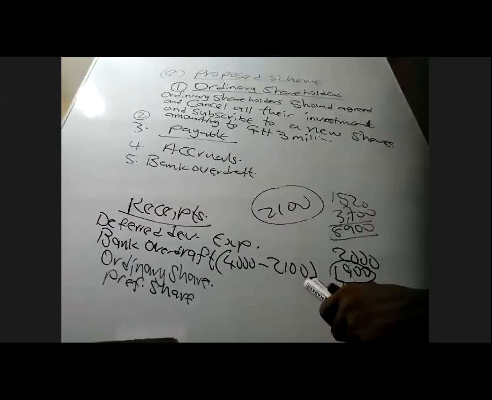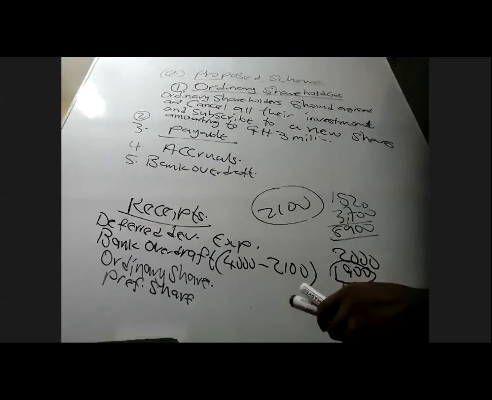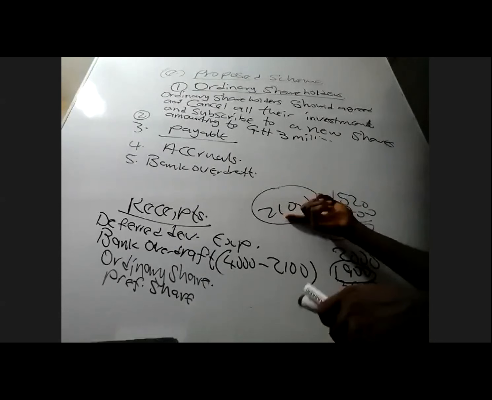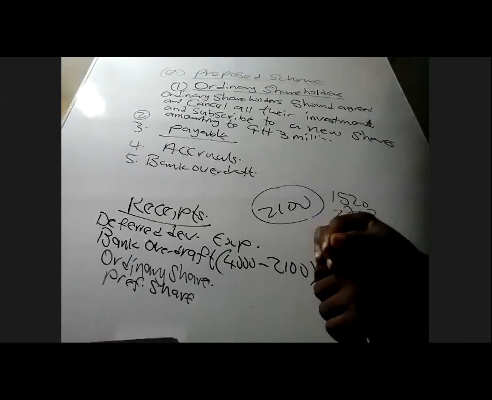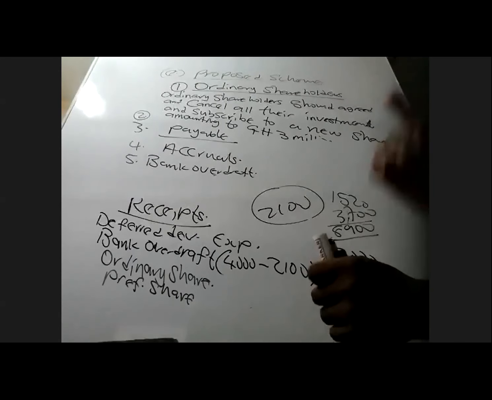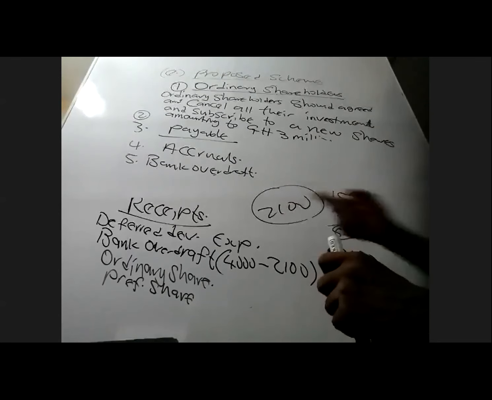The bank overdraft. Now, in our working capital requirement, we show a current liability of 2,100. So whatever we do in the statement, you have to state it in a way that the overdraft is 2,100, shouldn't be 4,000.